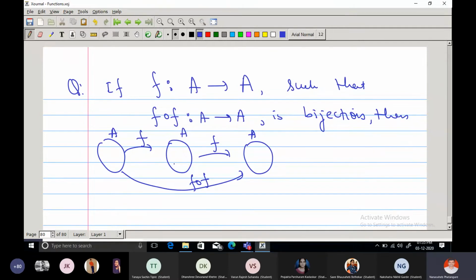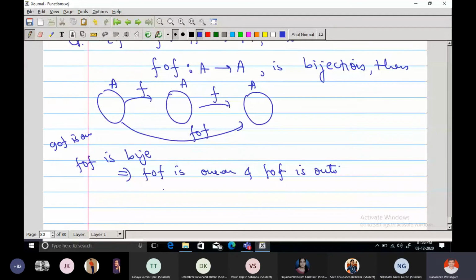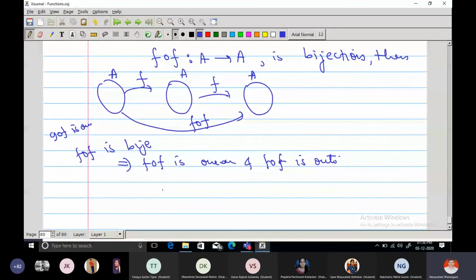If g composite f is 1-1, so when I say f composite f is a bijection, it means f composite f is 1-1 and f composite f is onto. But f composite f is 1-1 means what? f is 1-1.